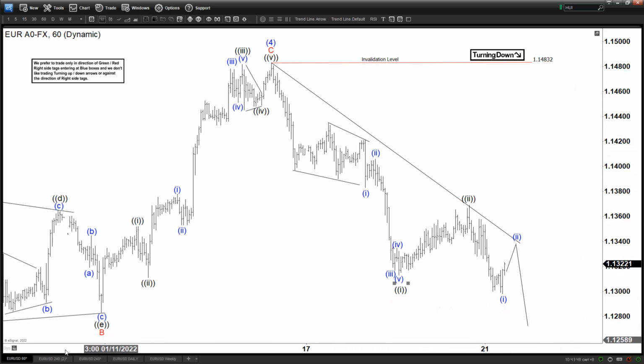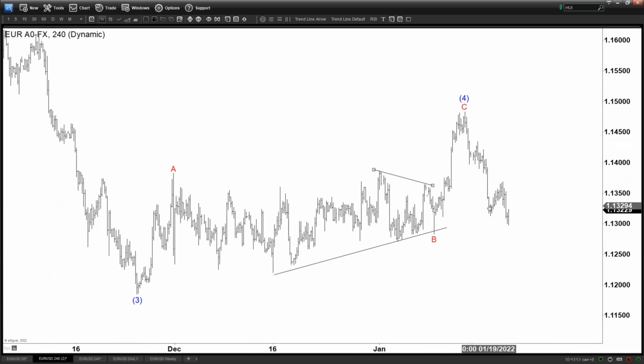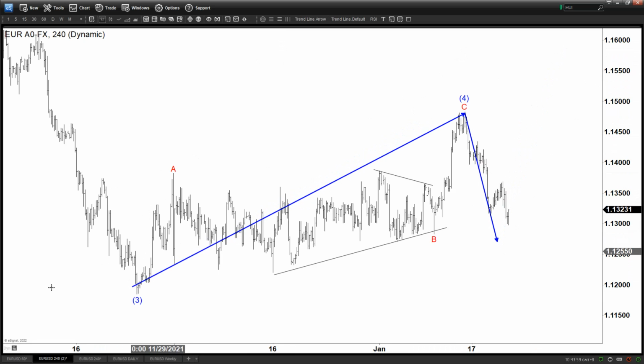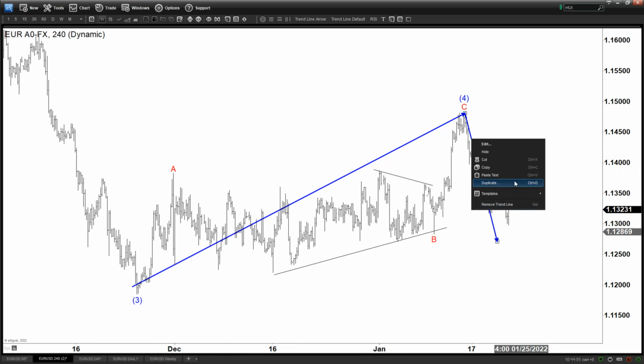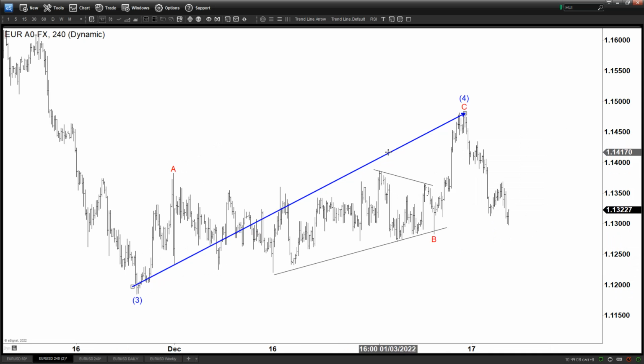Another possible path is basically doing a double correction, like so. Now for the time being, the rally from here doesn't look impulsive so far. So the odds are still in favor of the downside as of today.